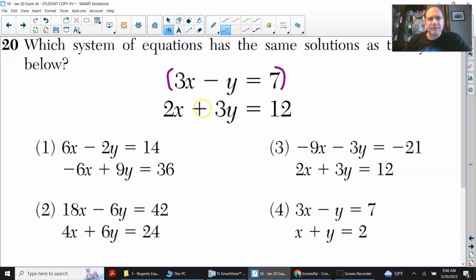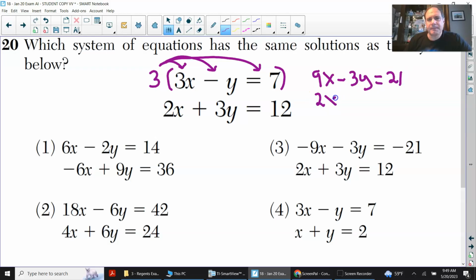So if this is a negative y and this is a positive 3y, we're going to just go ahead and multiply by a positive 3 to make this y a negative 3y. If it's a negative 3y, then we can cancel. And so I'm going to rewrite them just like that.